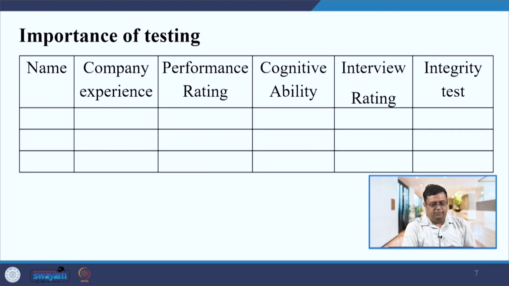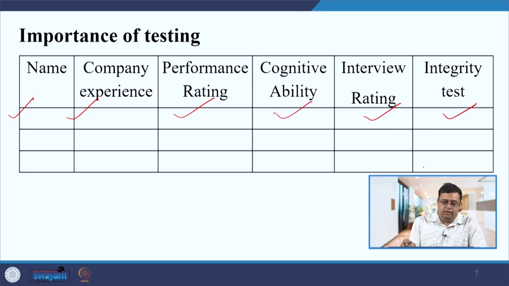So, the next concept that we have is the importance of testing. Whatever test that you have done, here you can write the name of the candidate, how many years that candidate has spent, then performance rating, cognitive ability, interview rating and integrity test.